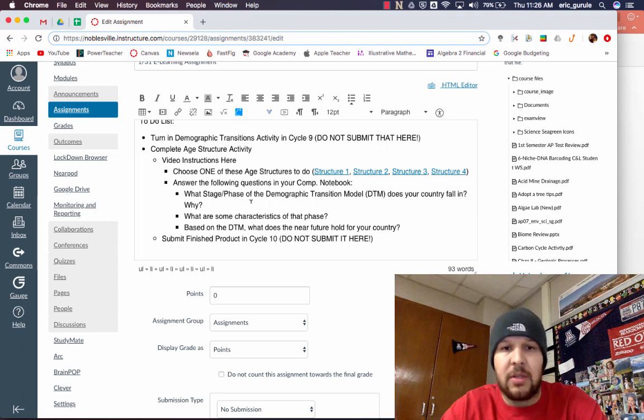They're just general questions. What stage or phase of the demographic transition model does your country fall in? You may already know because some of them we've studied, like Japan. What are some of the characteristics of that phase? And based on the demographic transition model, what does the near future hold for your country?